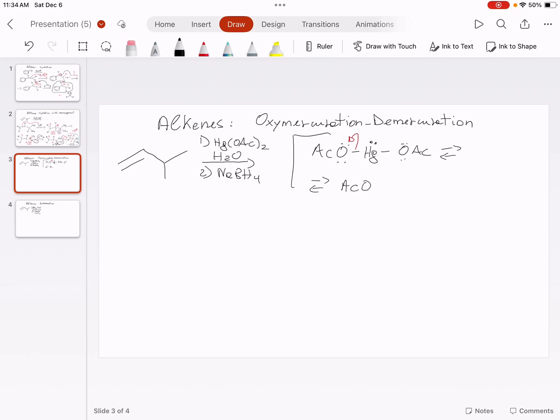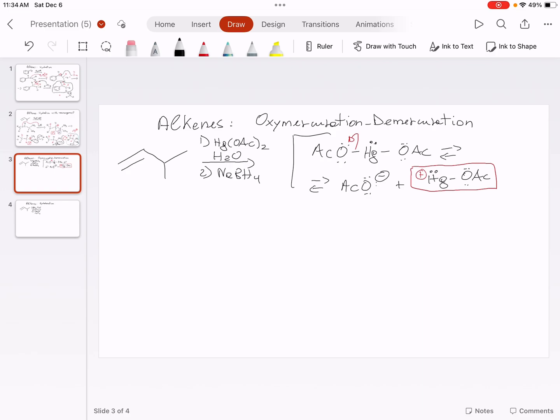We get an acetate, which will not participate in the reaction, plus it will give us our actual electrophile, which is this mercurinium ion. This is the electrophile. Okay, so this is the one that is going to react with our alkene.